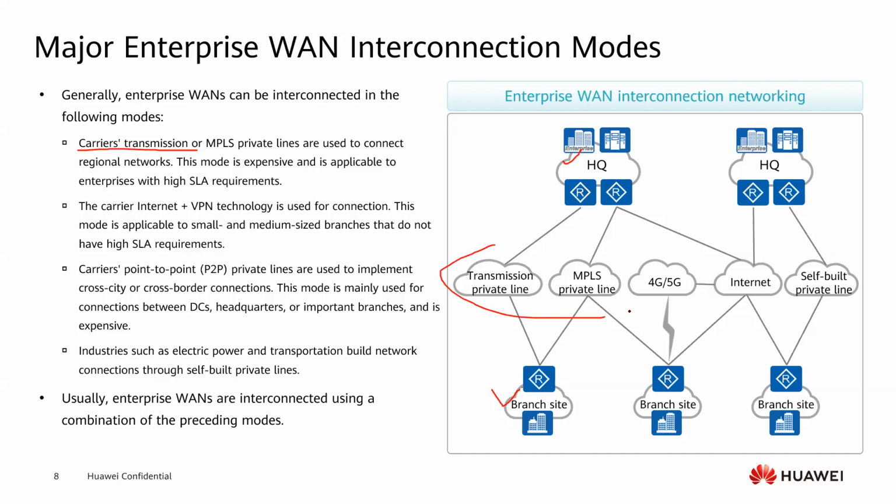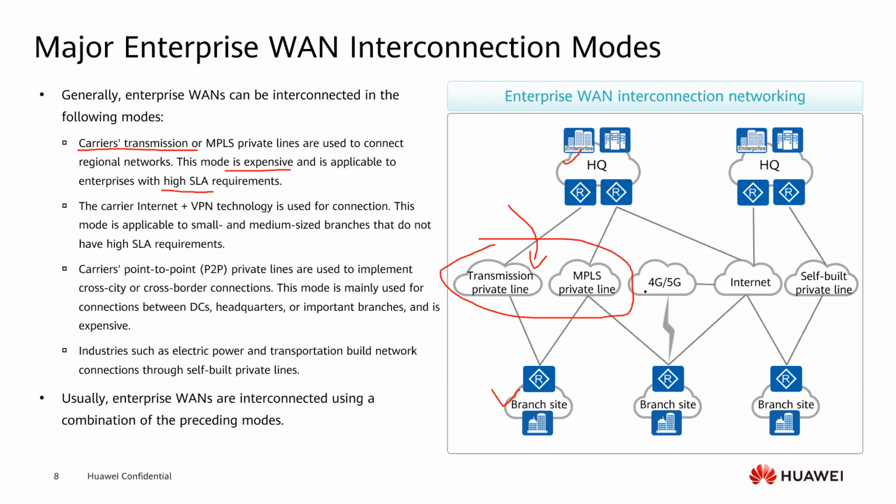Those two private lines you can basically rent from the carrier, and the carrier provides the service, so you can create the connection between the branch and the headquarters. The price of this mode is expensive, but it is very reliable because the carrier can provide a high SLA.